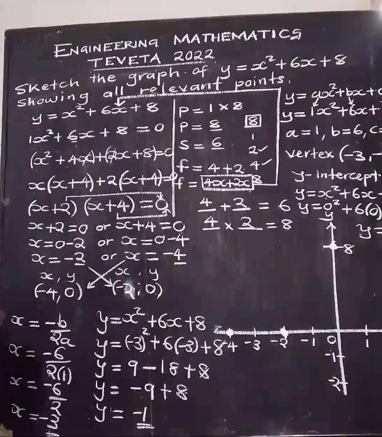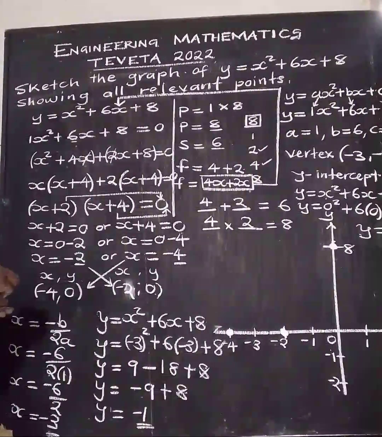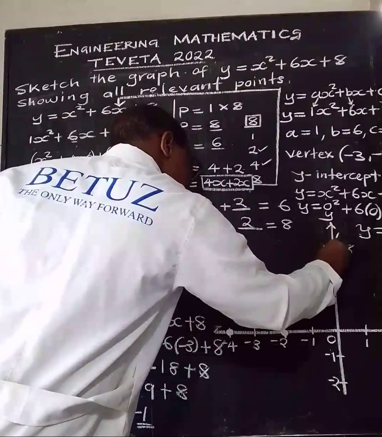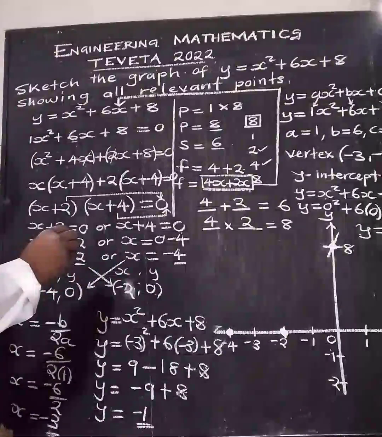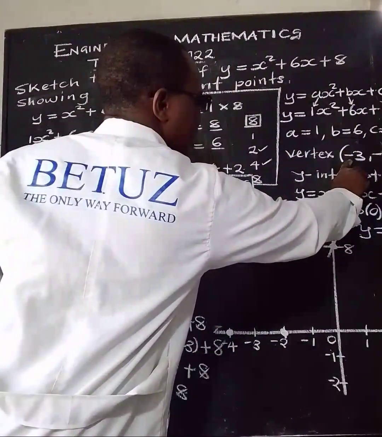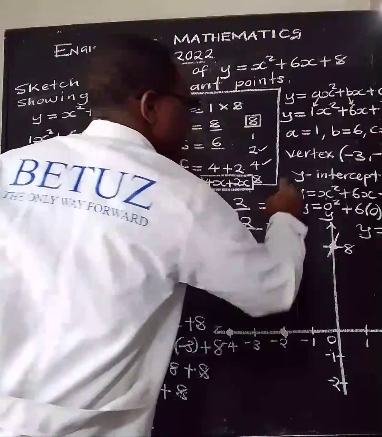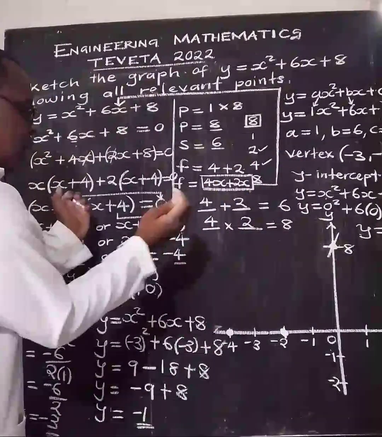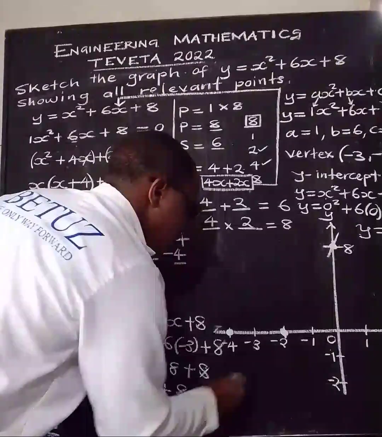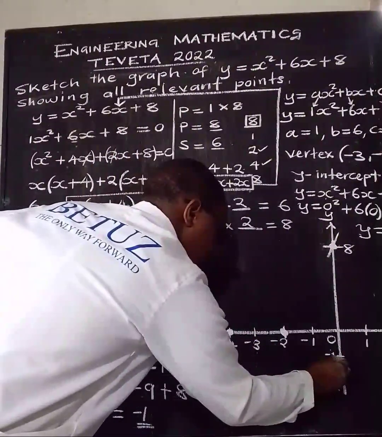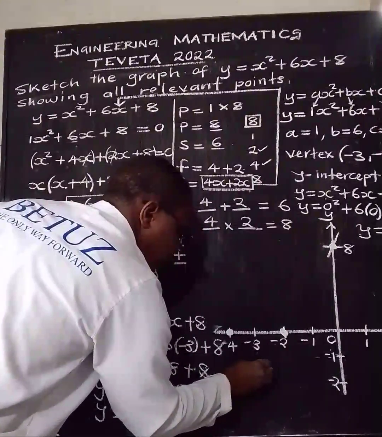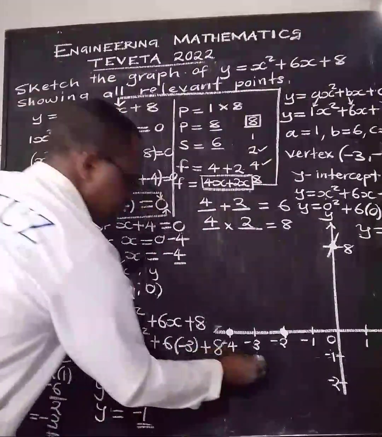So we can now come up with a graph. This graph is going to be like this. Let's say this is our graph. Now the other point, take note, we have this one. -3, -1, which is the vertex where the graph is making a curve. So this is where the point is.